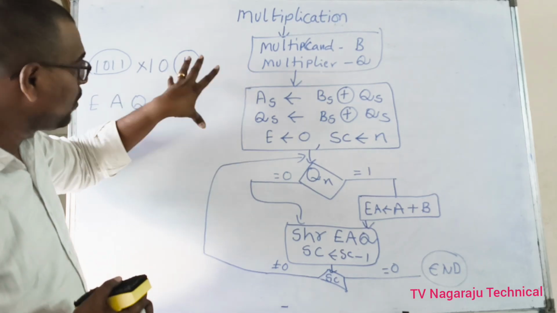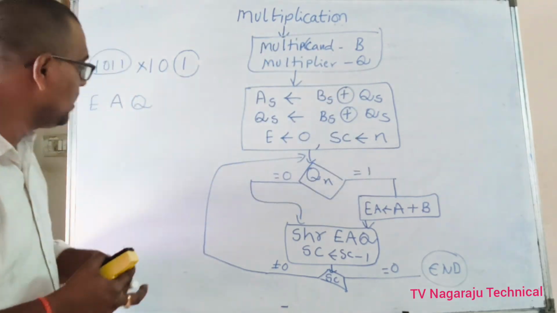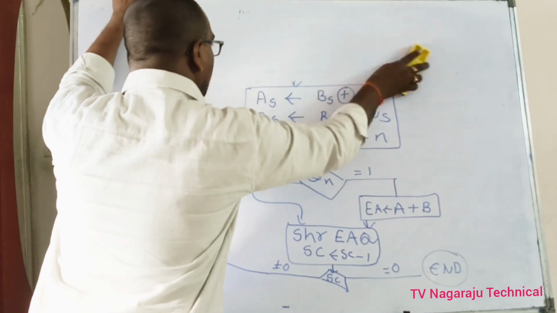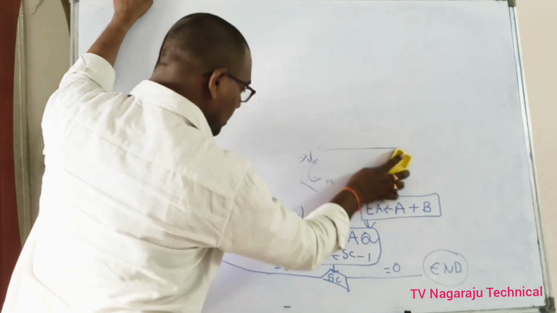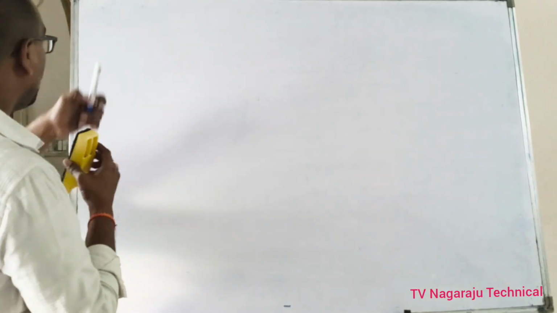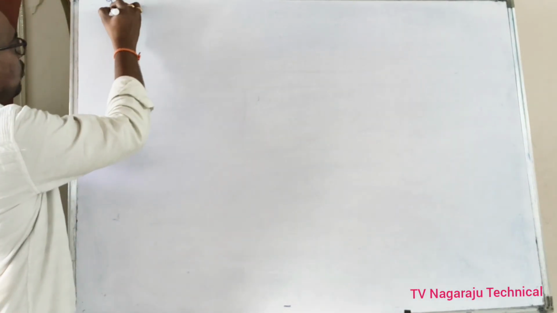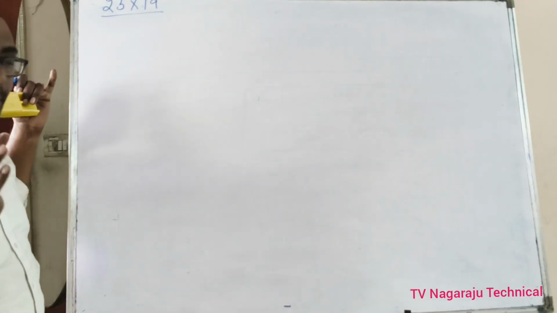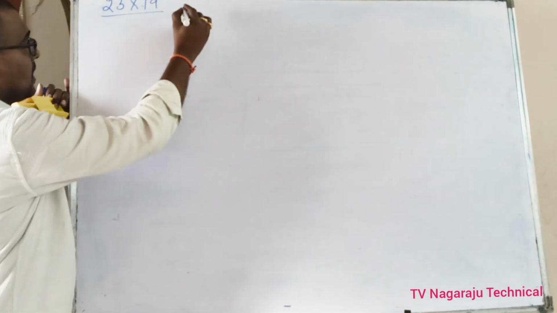Anyway, if you consider one example, then it is very easy to see what the algorithm does. Now we will move to one example, the standard example given in the book. Assume two numbers, 23 multiplied by 19. How is the operation performed using this algorithm?